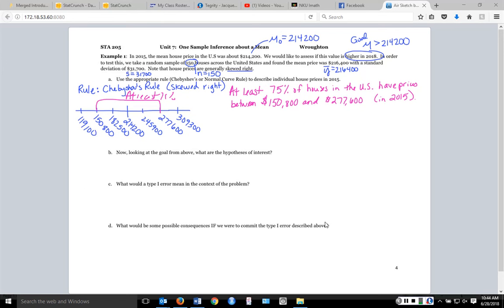Now when we go out 3 standard deviations, what percent do we get? So what we learned was it was about 90% or more. That's at 3 standard deviations out.